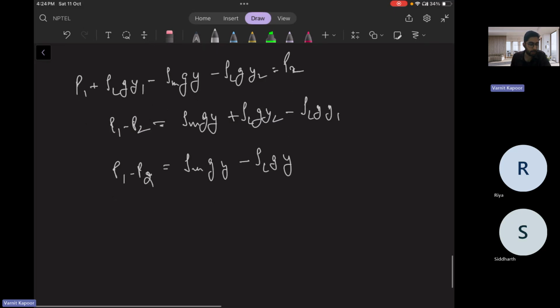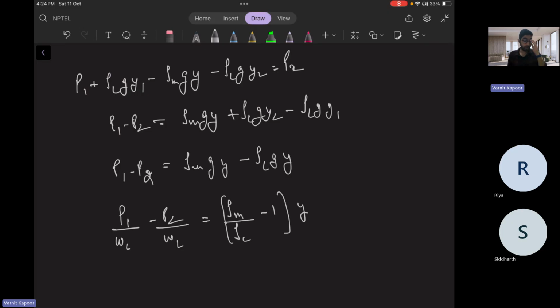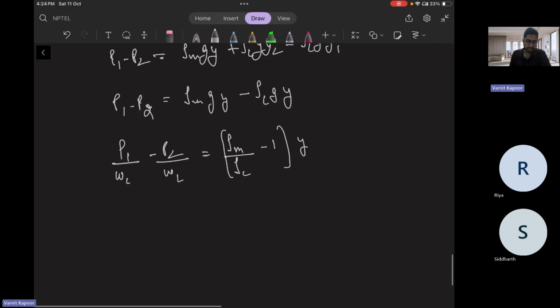If I divide by rho L both sides, P1 by rho L g minus P2 by rho L g, so rho M by rho L minus 1 into y. So this is your pressure difference.